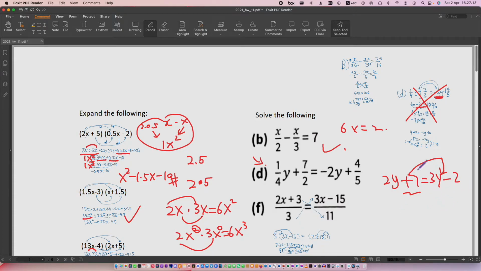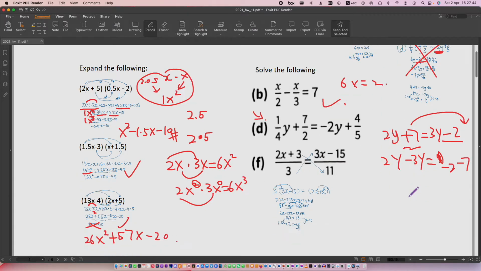Actually, it's better to put it behind, to the back. If you put it behind, you get this 3y, you bring it over. So you get minus 2 is still minus 2. Then you put it behind, it's minus 7. It's good to put it to the back. So when you move over, you change sign.